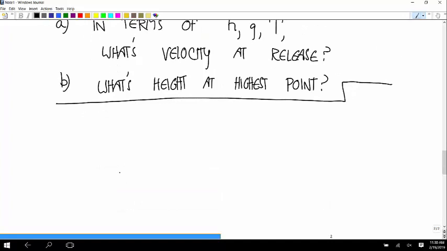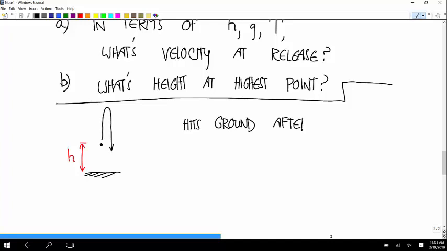Okay, so here's what's going on. Here's the ground. This ball is thrown up into the air and comes back down. Its initial height is h. It hits the ground after an elapsed time T. I'm going to put my 0 position on the ground and my positive direction up.